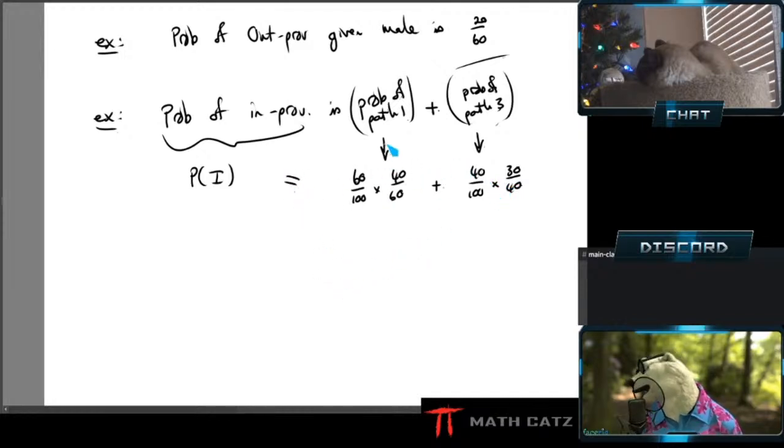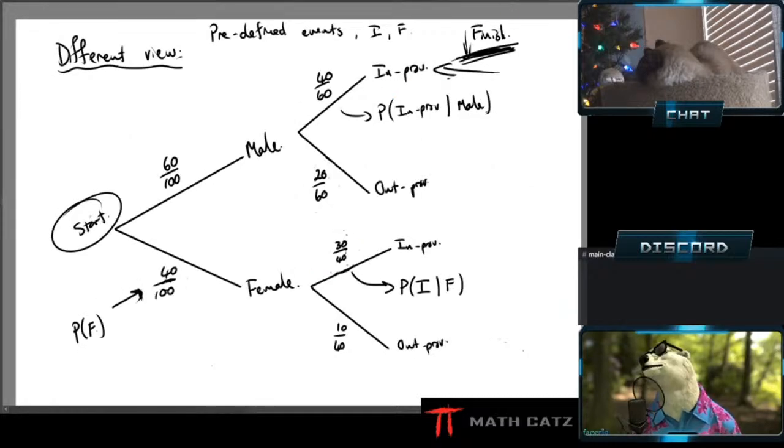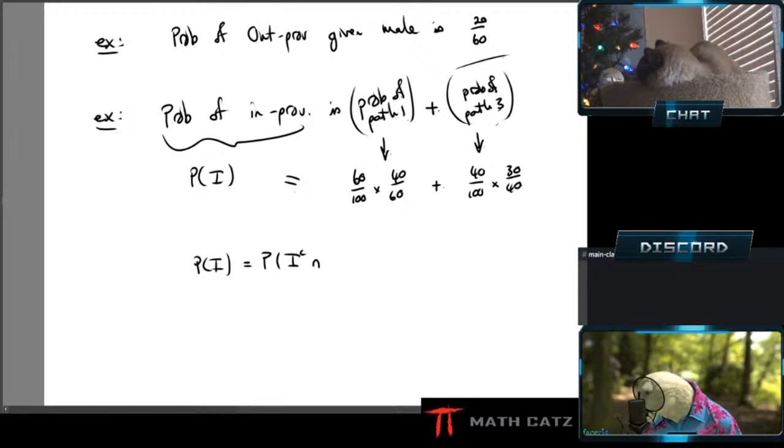I don't have to go all symbolic and do stuff here, but if you want to, I totally can. It doesn't really help. Path 1 is the probability of being male, which is technically not female, and in province. Sorry, I mixed them up: path 1 is not female and in province.